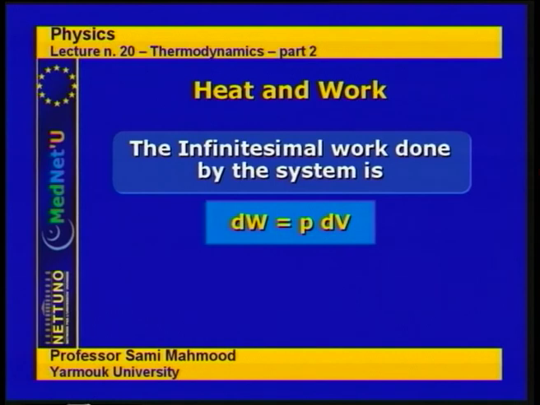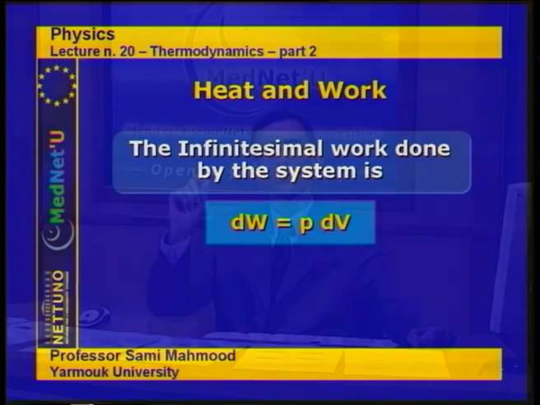Previously in the mechanical systems, we mentioned that the infinitesimal work done as a force is applied to a system during its displacement, a distance dx, is simply dW equals F dx. If we rewrite F in terms of the pressure times the area, then we get dW equals the pressure times the area times dx.